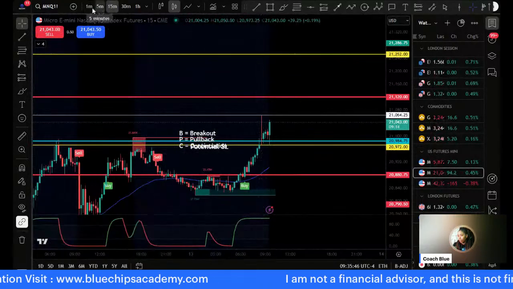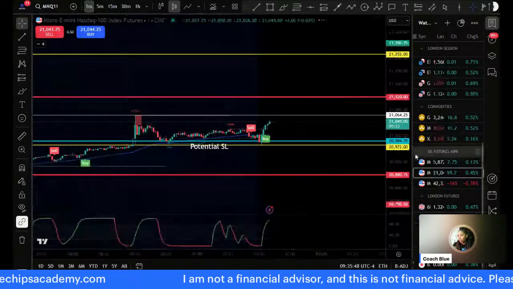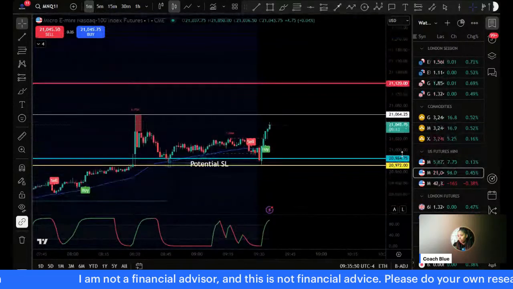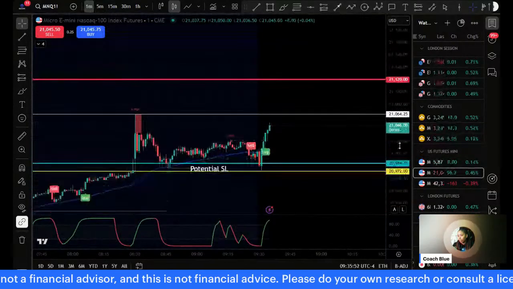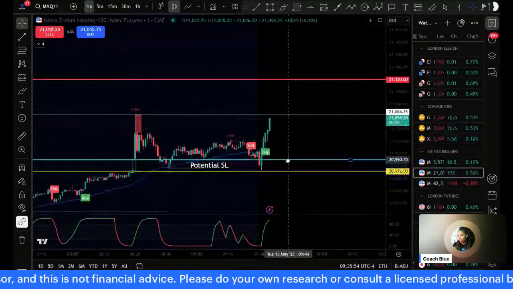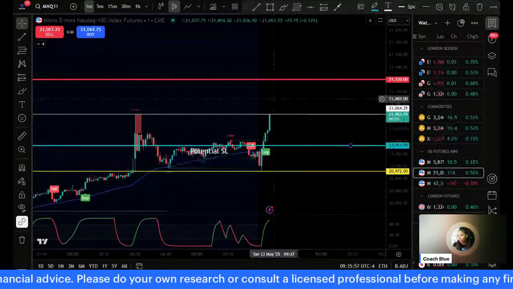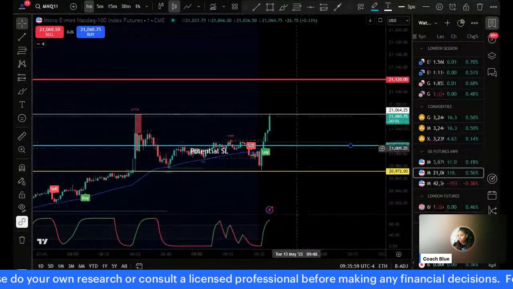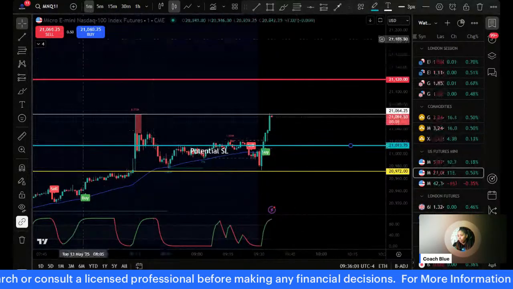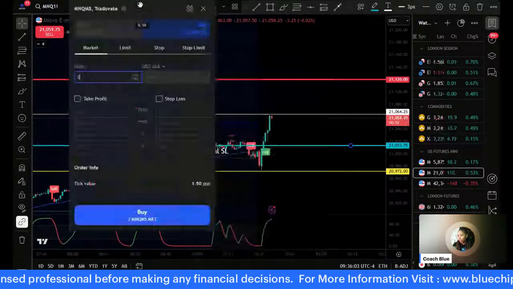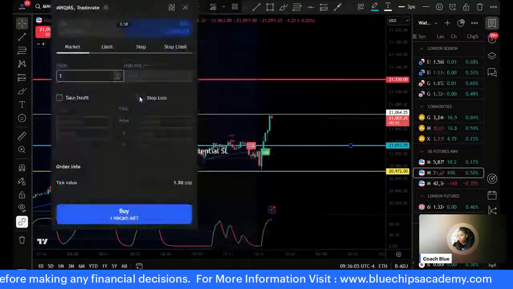Okay, so let's go back to the 1 minute. And let's see what we got cooking here. Now, if we do get into a buy, I will want my stop loss to be, let's see, here's a break here. Okay, we're getting close. I'm getting ready for a buy, guys, just in case we break through.